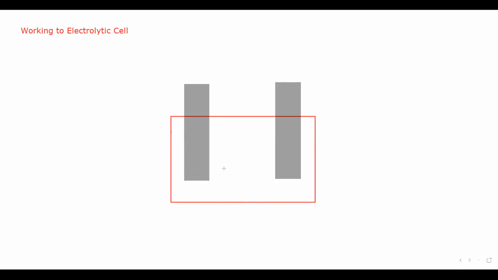The beaker consists of a liquid, molten or aqueous, that is connected with the battery. For a battery, the longer line is representing the positive terminal and the smaller line is representing the negative terminal.